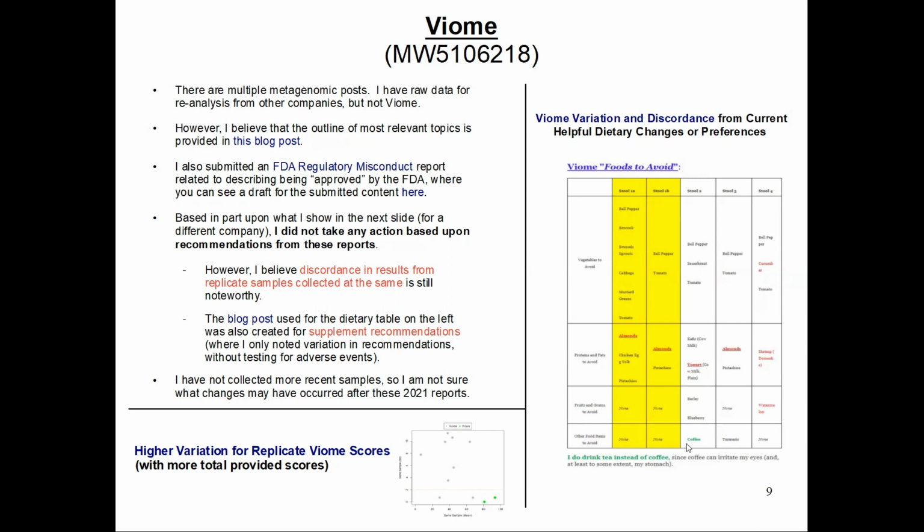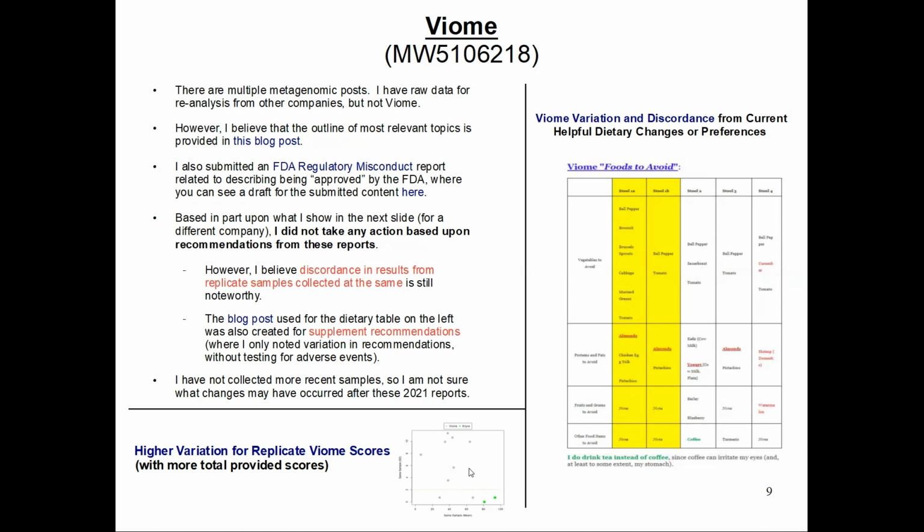This is not the only type of recommendation that was given. I don't believe this was one of the results that had a score, but some of these results can have a quantifiable value associated with your result. That's supposed to, I believe, reflect the signature across multiple bacteria or something.